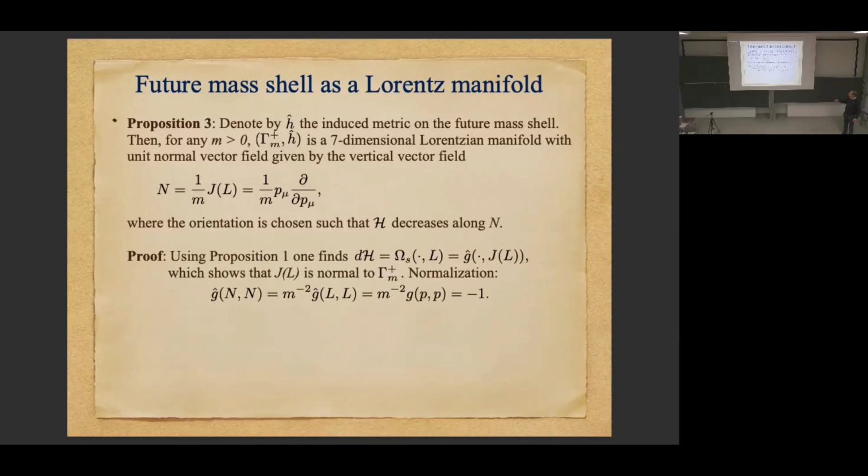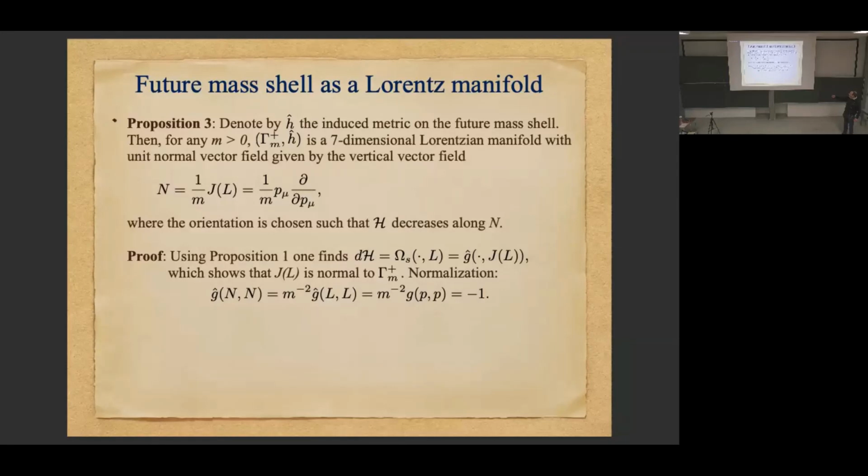And okay, you can work out the proof. You remember that n is dual to dH, because this future mass shell was a surface H constant. So you should look at dH. And then you use this identity I told you before.